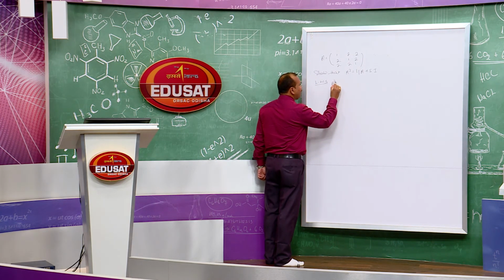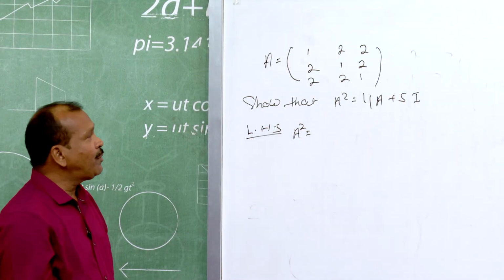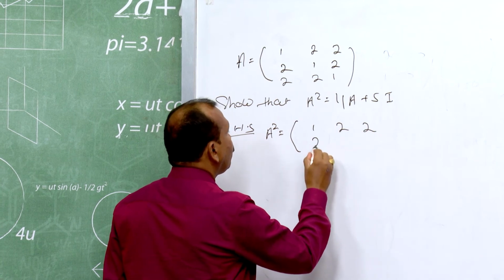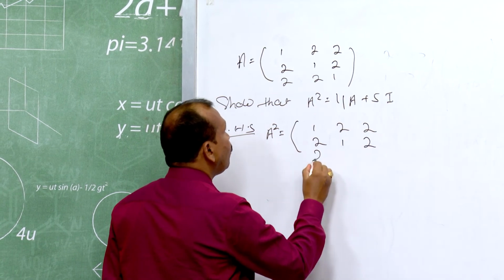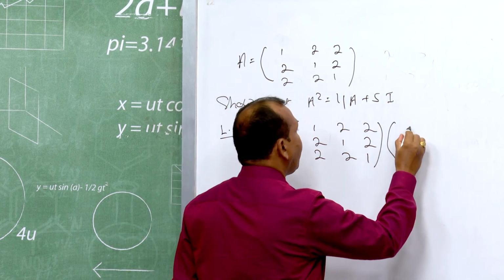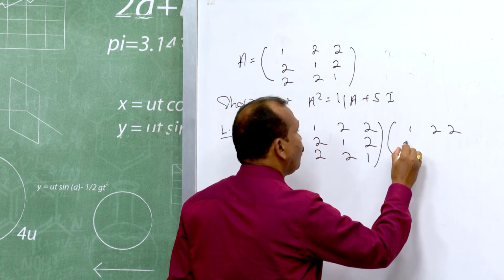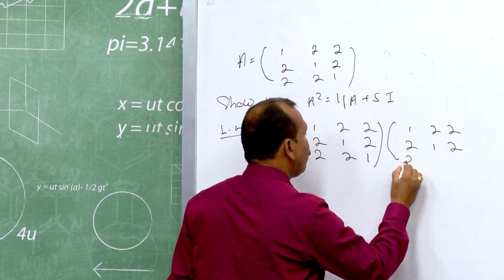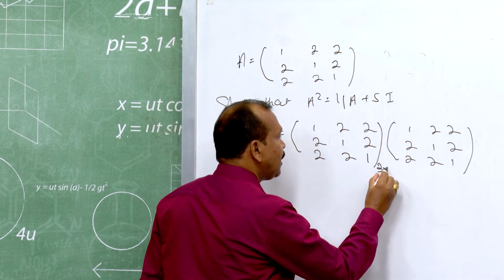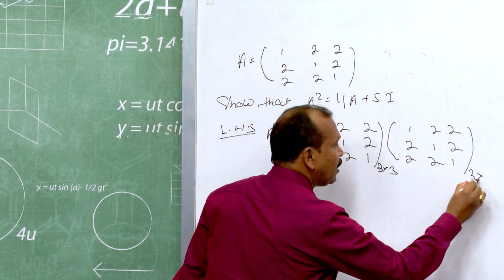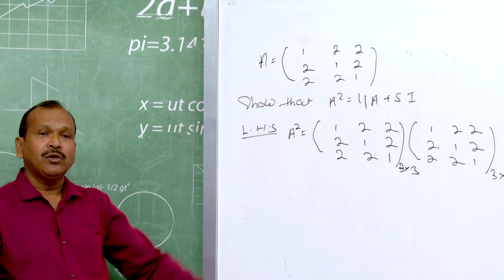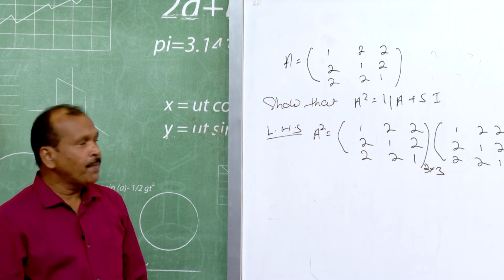A square becomes the matrix 1 2 2, 2 1 2, 2 2 1 multiplied by the matrix 1 2 2, 2 1 2, 2 2 1. This is order 3 cross 3, and this is order 3 cross 3. Then A square is a matrix having the same order, 3 cross 3.